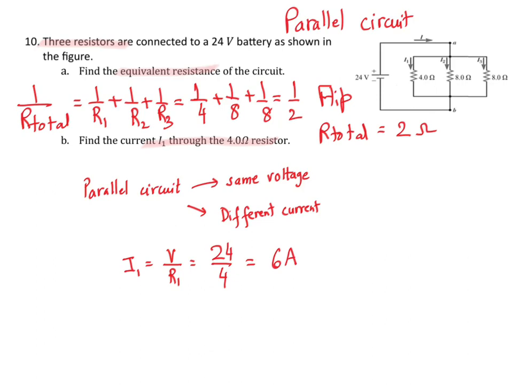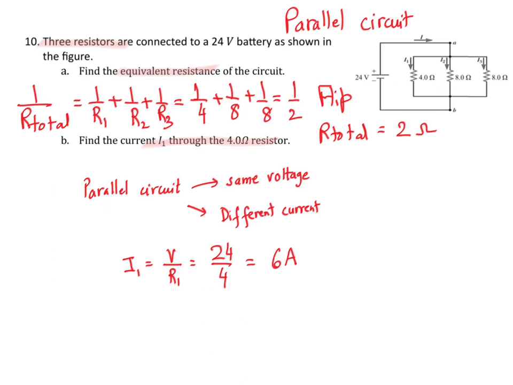Now if they had asked us to find the total current in the circuit, then we have to do V over R total. And in this case, in a parallel circuit, the total current will be different from the current which is flowing through each resistor. So I1, I2 and I3, they will all be having different values, and when you add up I1 plus I2 plus I3, you will get I total.